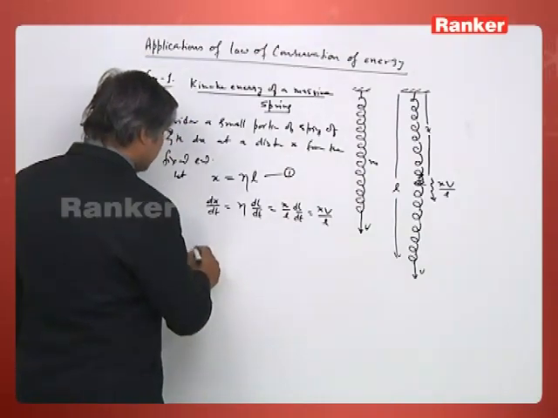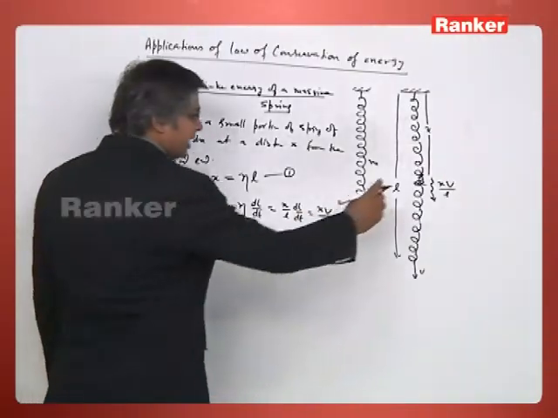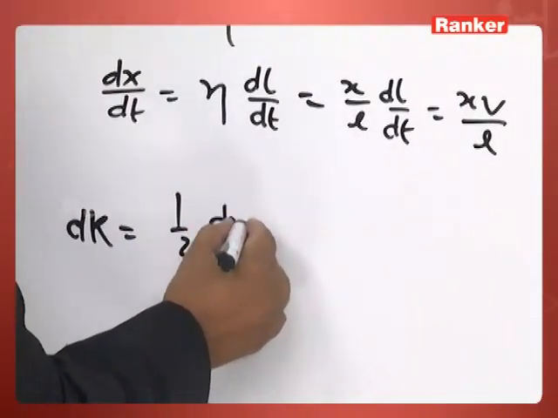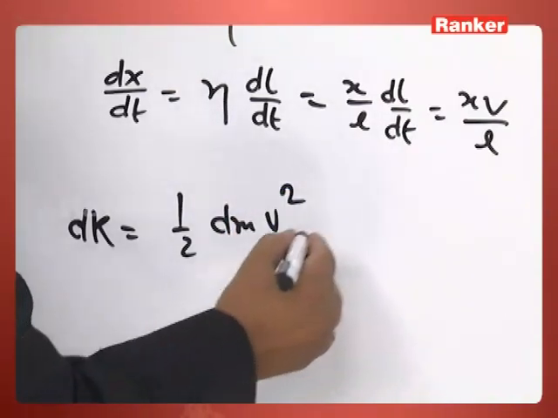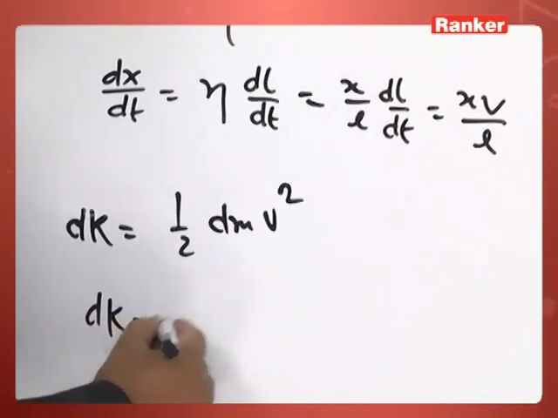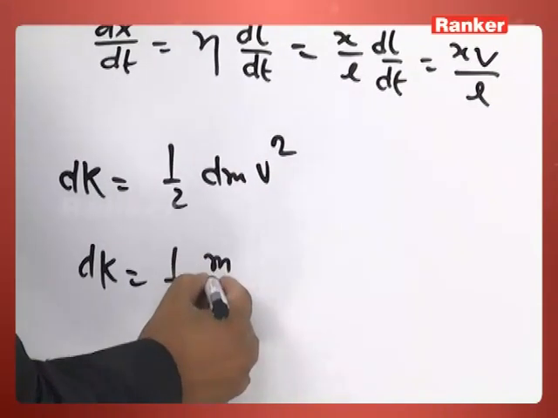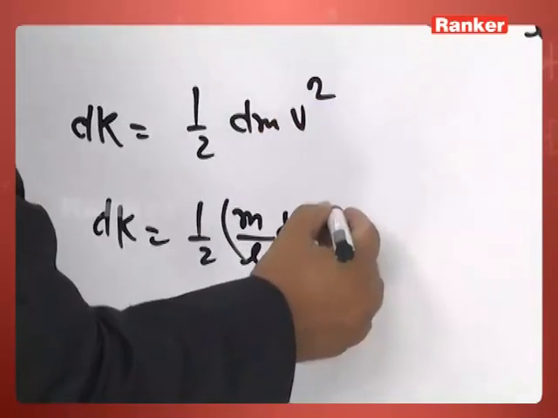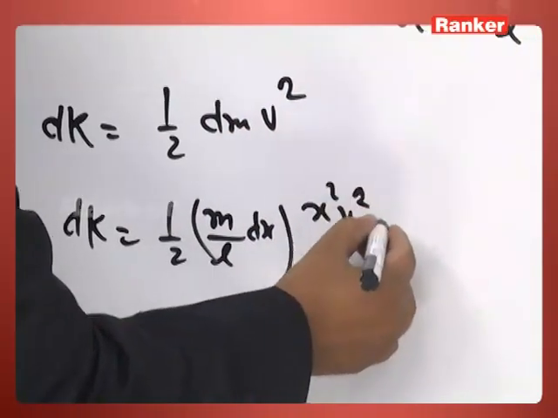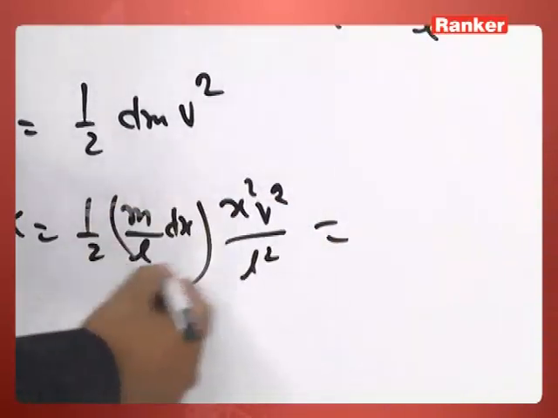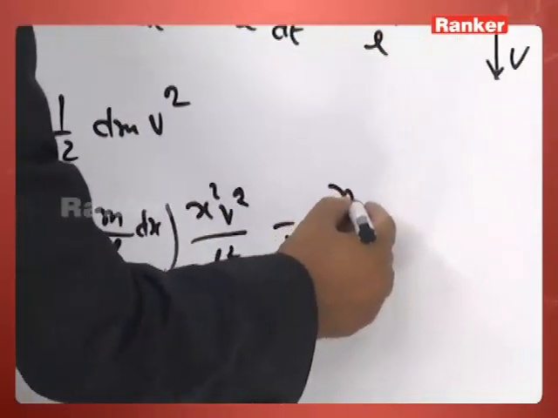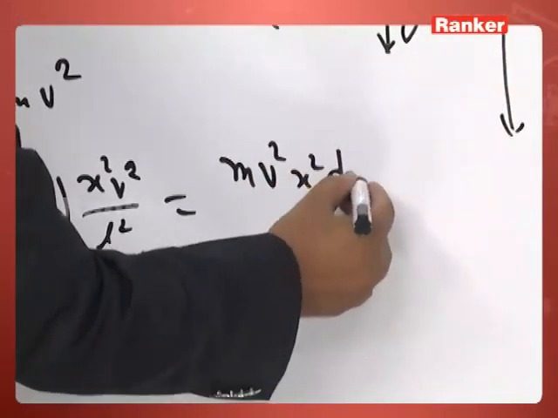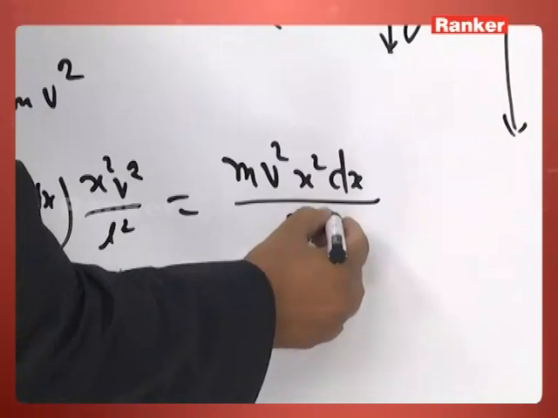So let us calculate dK, the kinetic energy of that small element. dK is half dm into v square. So dK becomes half, dm means mass m by L into dx, and v square means x square v square by L square. On simplification it becomes m v square x square dx by 2L cube.